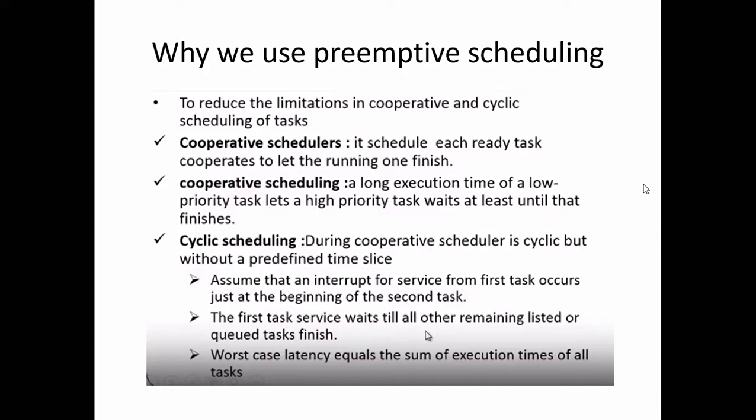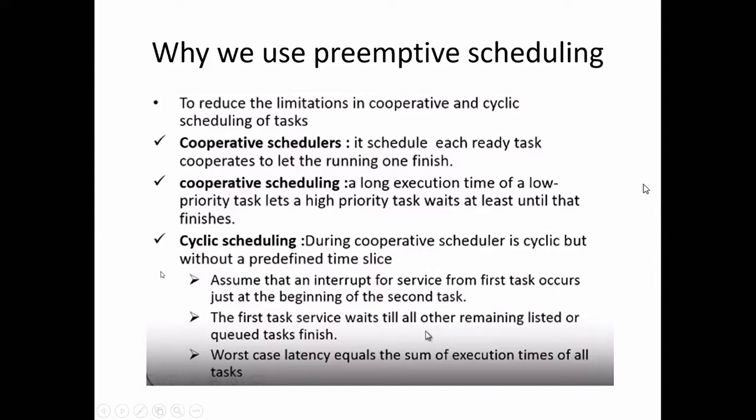Once the higher priority task finishes, only then will the low priority task get the chance. But in cooperative scheduling, sometimes the low priority task has to finish first. In that case, the high priority task might have to wait until the low priority task finishes its task.